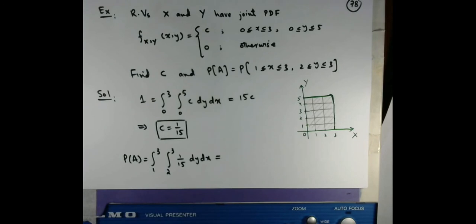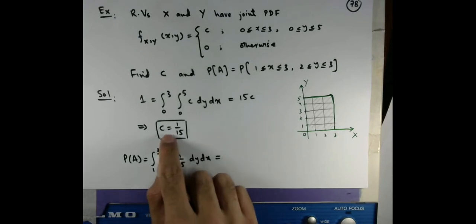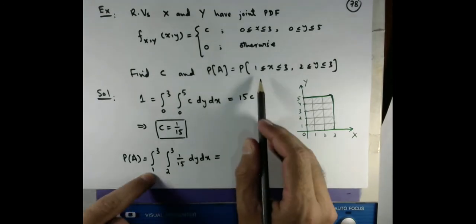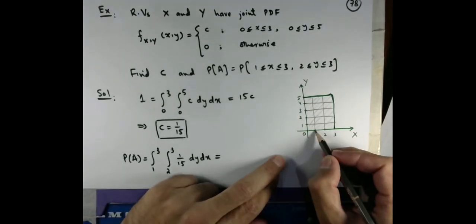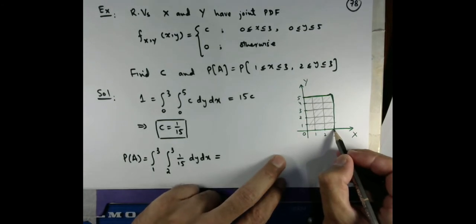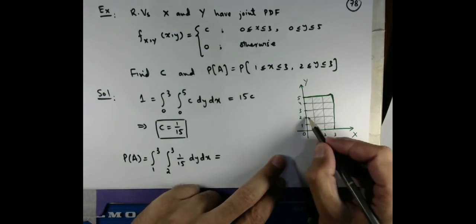We can perform the integration, but in this particular problem, we don't even need to, because you see that the value of c is 1 by 15, and x is from 1 till 3, which means from here till here, and y is from 2 to 3, which means here to here.